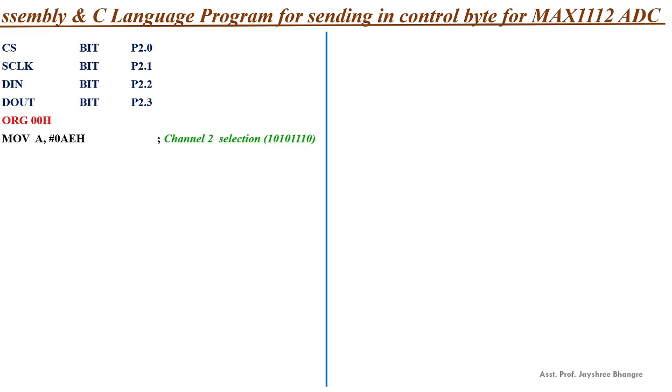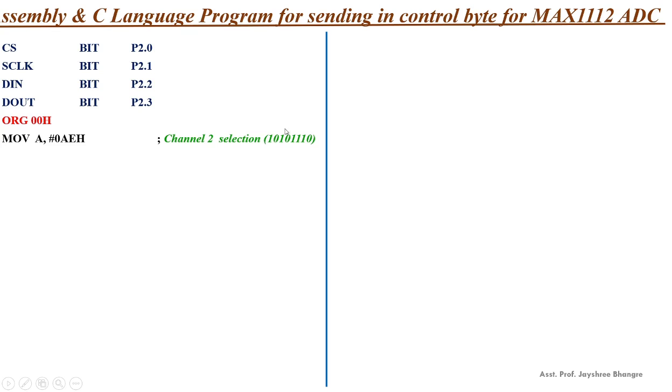Here, MOV A, #0AEH. Using this instruction we are selecting channel 2. This 0AEH is nothing but 10101110, which is the control byte.